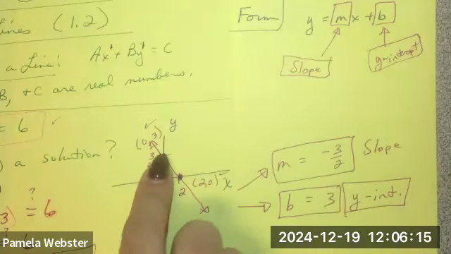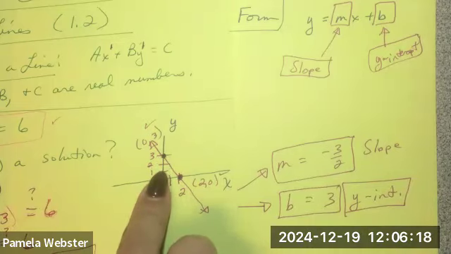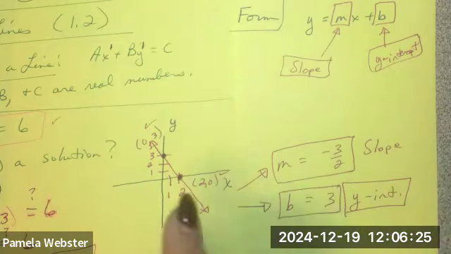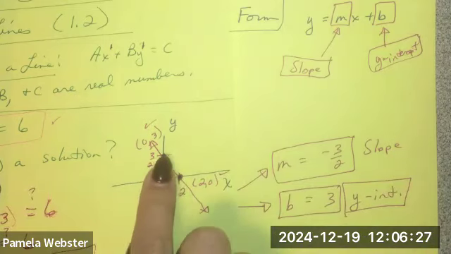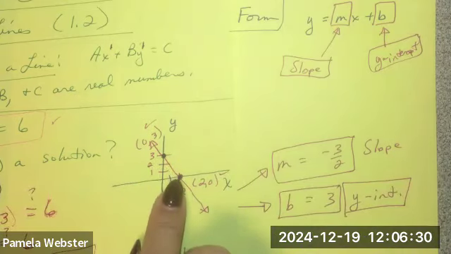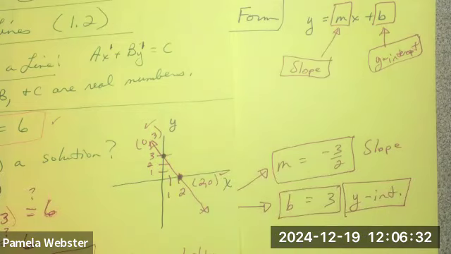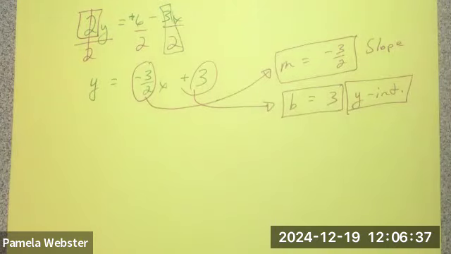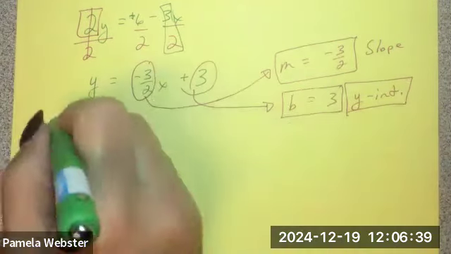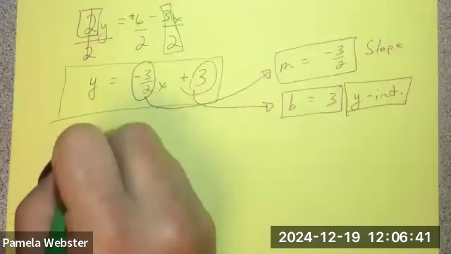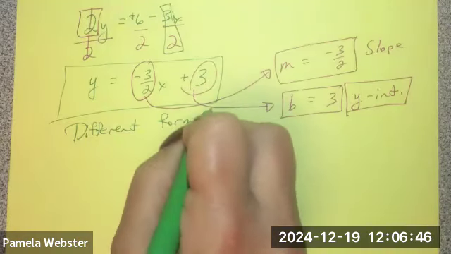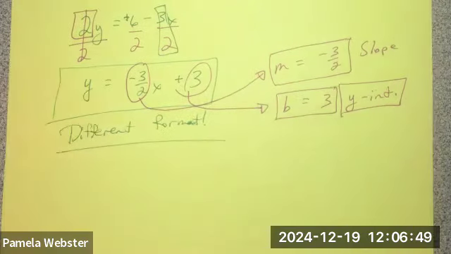So if I start here at the y-intercept and go down 3, and then to the right 2, because 2 to the right is the positive direction, then we see down 3 over 2. Sure enough, I hit that other point, which is awesome. So this is definitely the same equation we've been working with. It just is in a different format. All right, so we know we are good.